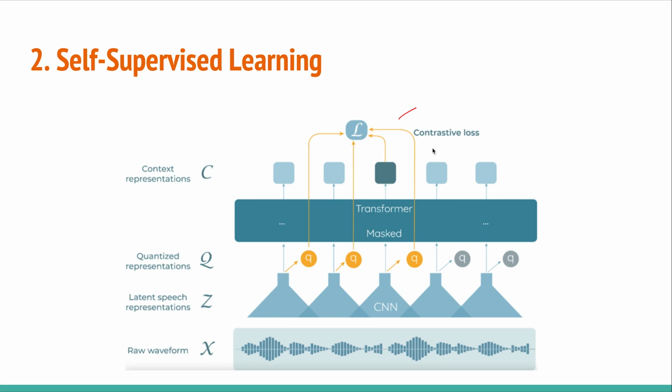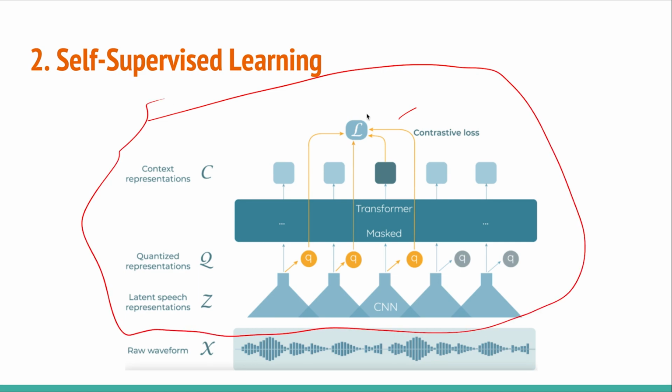So, for example, if you have an audio, let's call it X, we are going to use this wav2vec framework, and this wav2vec framework will give us some contextual representation of the audio, which is of low dimension, and we can say this C, or this contextual representation, will retain a lot of information about the speech, and using this we can transmit this contextual representation over the channel, and then reconstruct the audio using only these features, right?